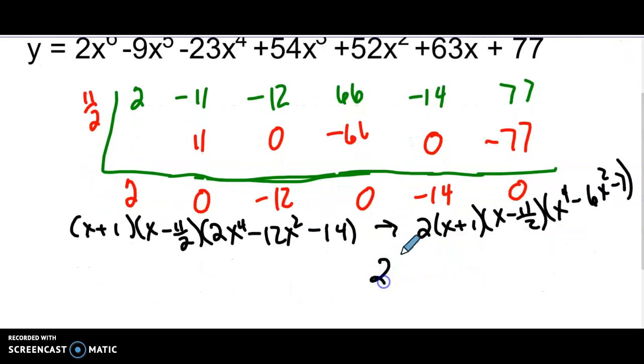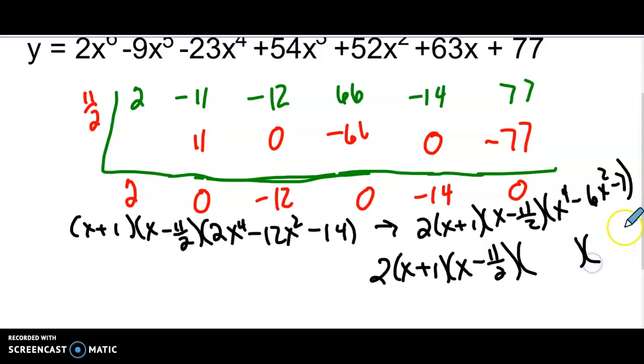I'm going to have 2 times x plus 1 times x minus 11 halves times, let's see, I have an x squared and an x squared minus 7. What multiplies to 7? Well, that's just 7 times 1, but I need a -6 in the middle, so the 7 will be negative and that will be positive, okay?